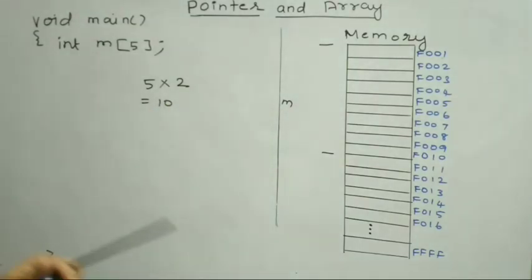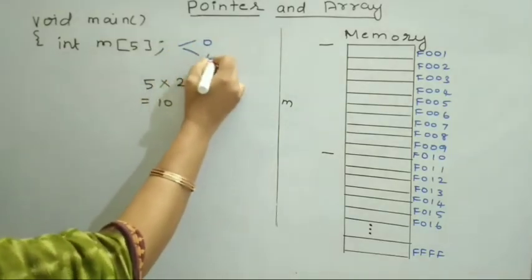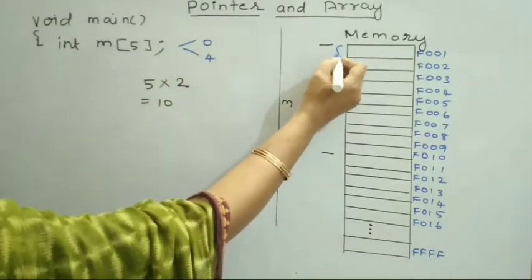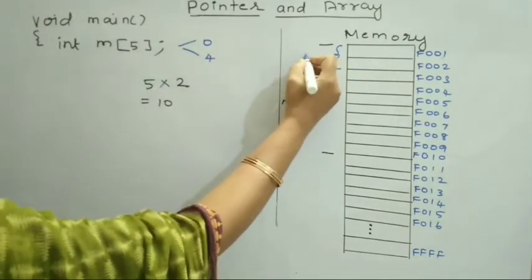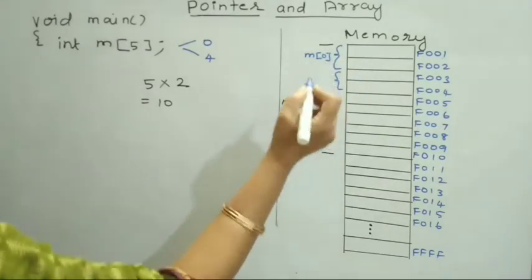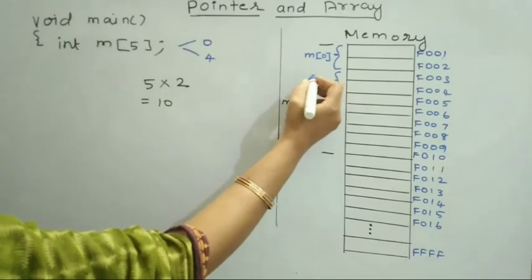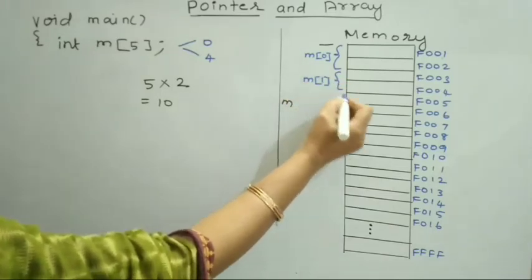The index position of the array ranges from 0 to 4. The first 2 locations are allocated for the first element in this array, which is in the 0th index position. The next continuous 2 locations are allocated for the next element, the second element in the first index position.